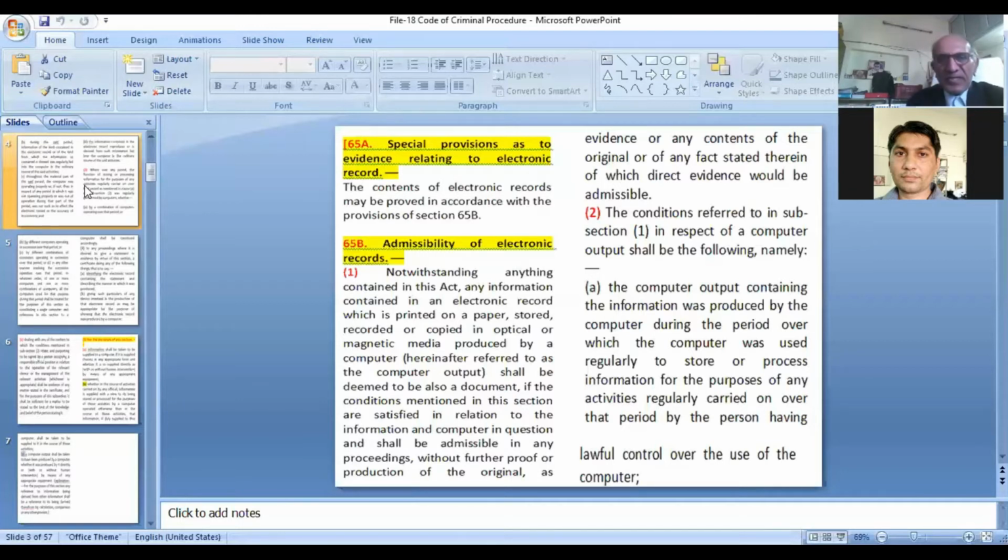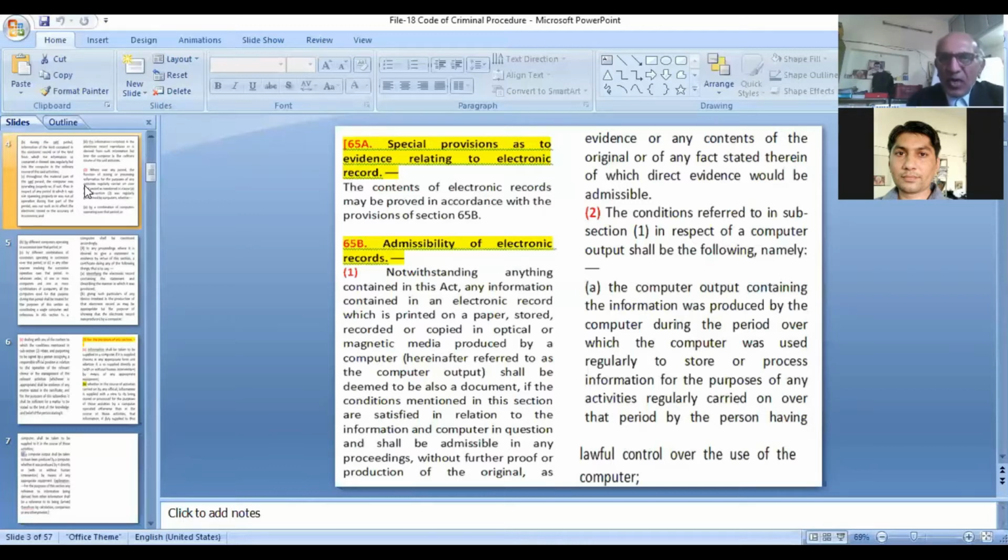Therefore, this information printed on paper or recorded, stored or copied in optical or magnetic media becomes permissible secondary evidence, as proof of such document, such content, such information as evidence.